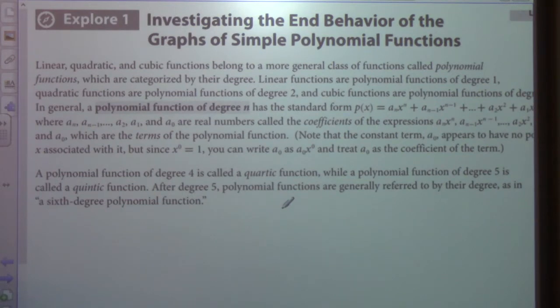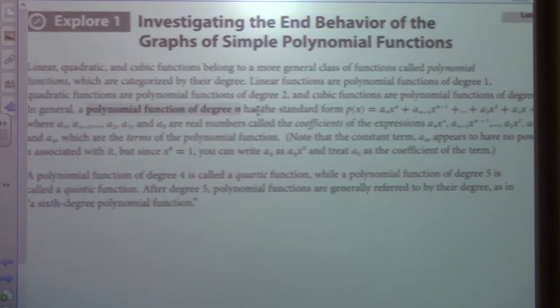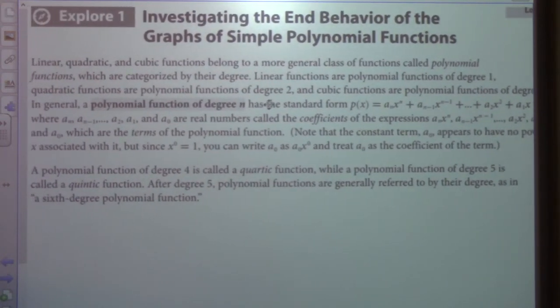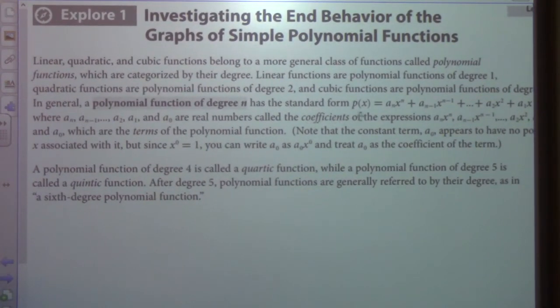Linear functions are polynomial functions of degree 1, quadratic functions are functions of degree 2, and cubic functions, like Brian said, are polynomial functions of degree 3. It's kind of off the page here, but that's what it is, right? Degree 3. In general, a polynomial function of degree n has standard form, and so we have all this language.